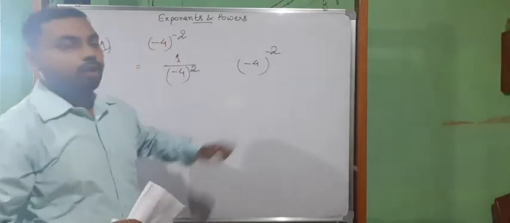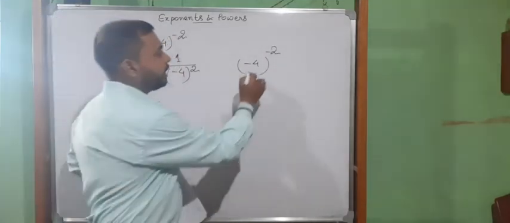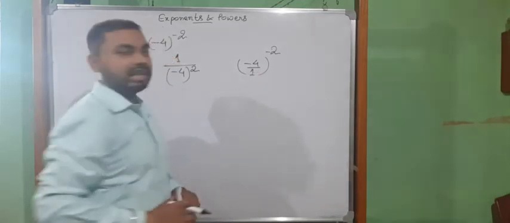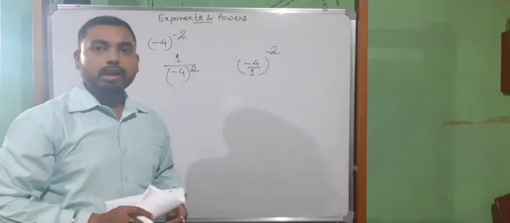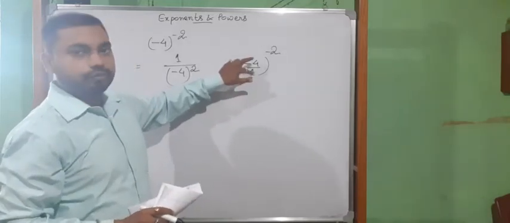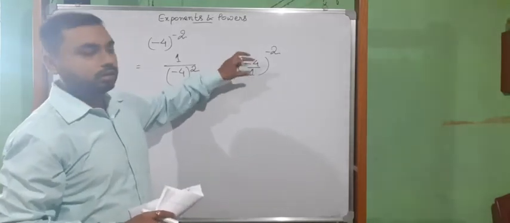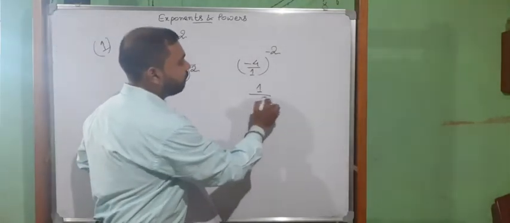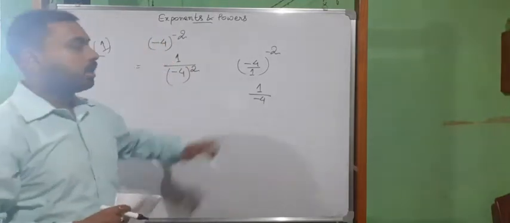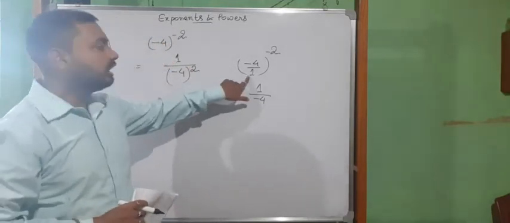Now this minus 4 can be written as minus 4 divided by 1. The meaning is the same; in the denominator we can write 1. If the base is reversed, so the base becomes 1 divided by minus 4, that means I have written this 1 in the denominator.